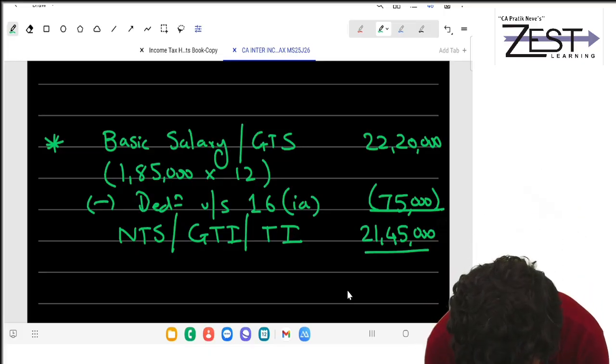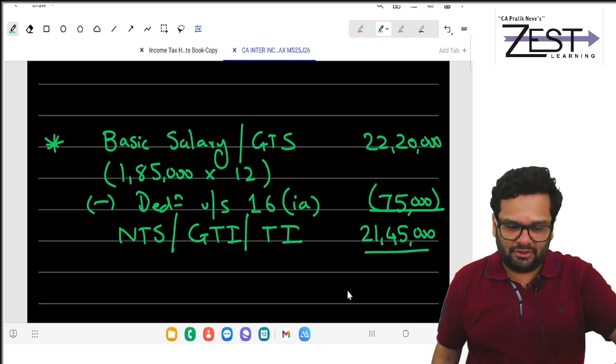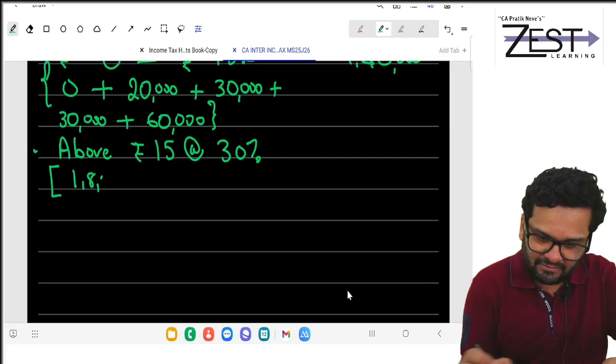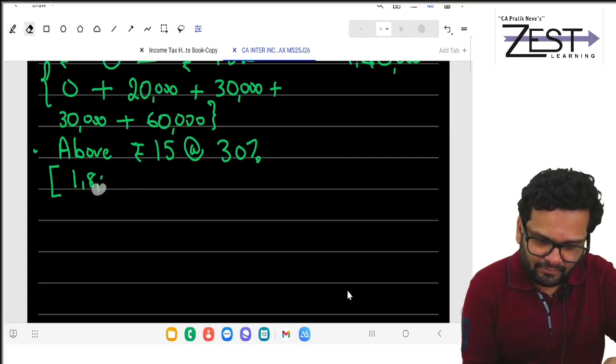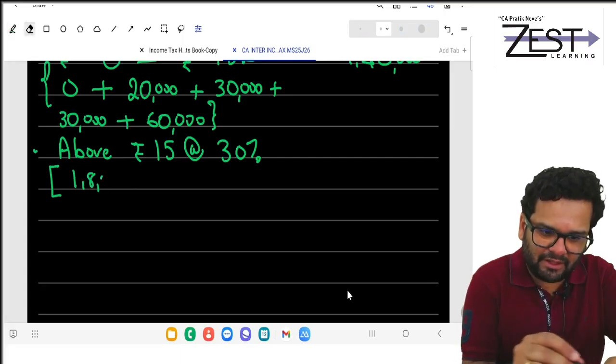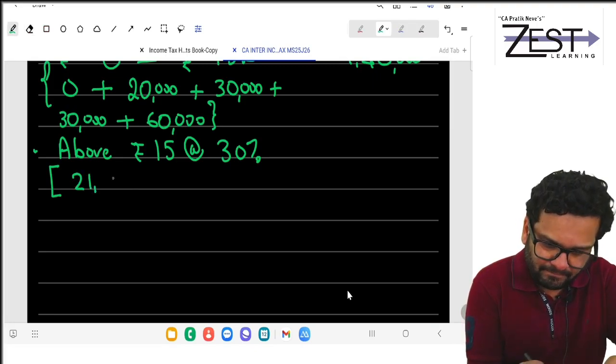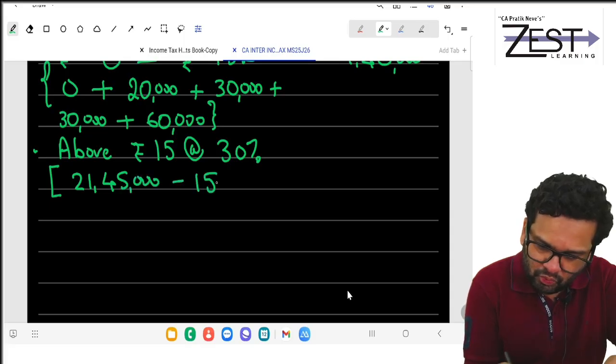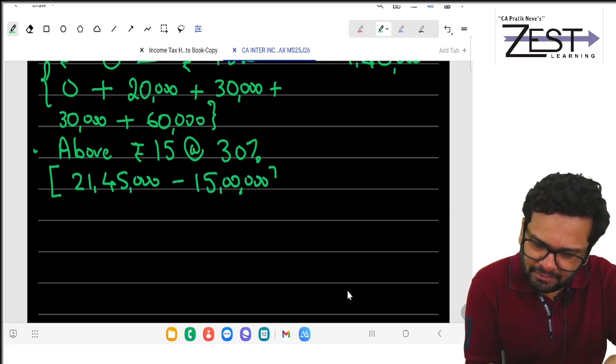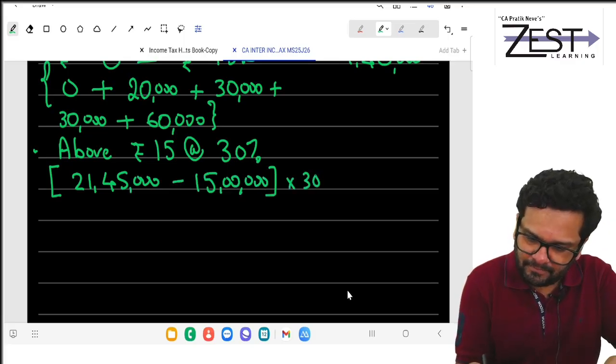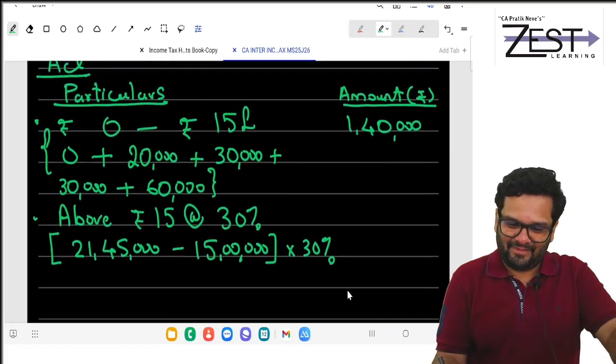So 21 lakh 45,000 minus 15 lakhs into 30%. May I know? 1 lakh.